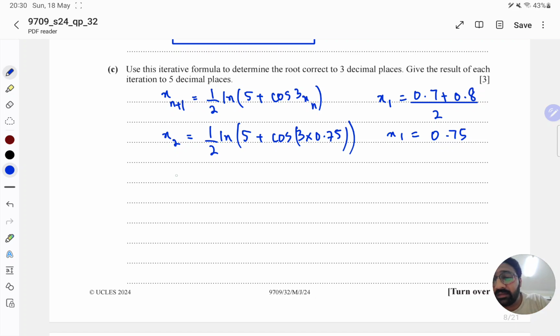The answer for x2 is 0.7375. Each iteration should be 5 decimal places. Now after that, do not show the working, just replace 0.75 in the calculator with the answer, and it will keep giving you answers.